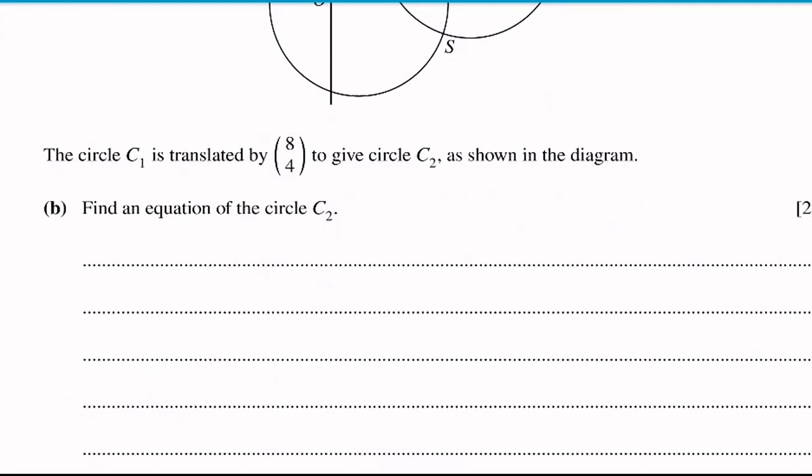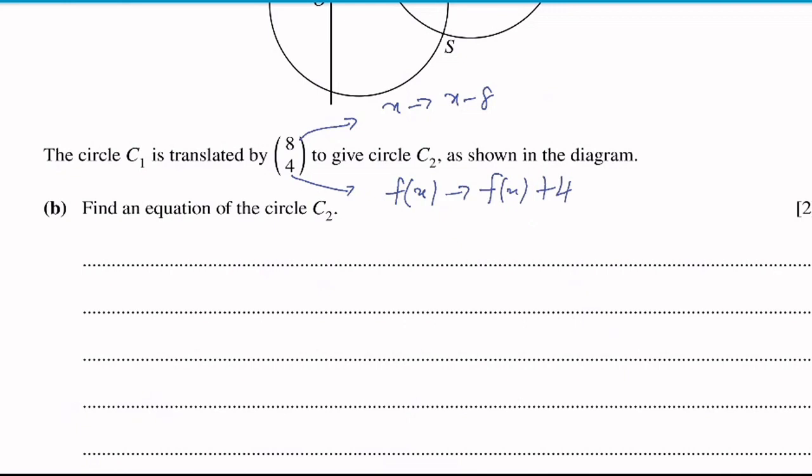What happens in the translation of a function is that we might think the translation here has the positive 8 in the x direction, so the x must be changed to x minus 8. And for the 4 here, we might think that the f(x) now will become y plus 4.